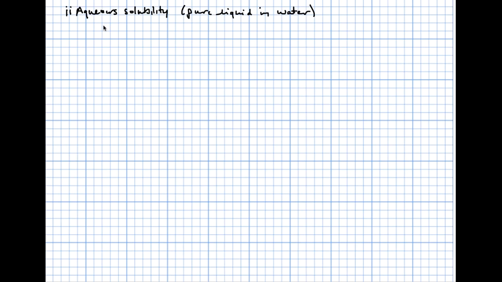So in the case of pure liquids existing in equilibrium with water, we're only talking about liquids that do not dissolve completely in water. So we're talking about there being 2 liquid phases. One liquid is water, and the other liquid is the other liquid that doesn't dissolve in water. And so when that exists, it's called a non-aqueous phase liquid, or a NAPL.